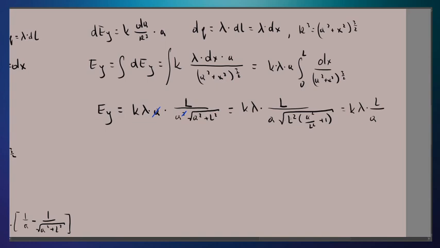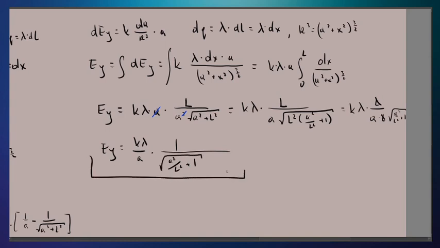And then when I take L out, I'm going to have L, because this is the square root. And I have the square root here, that's a squared over L squared plus 1. And I'm going to rewrite this here, EY equals, so L nicely cancels out. Now I have what you have in your answers there, k lambda over a times 1 over the square root of a squared over L squared plus 1.